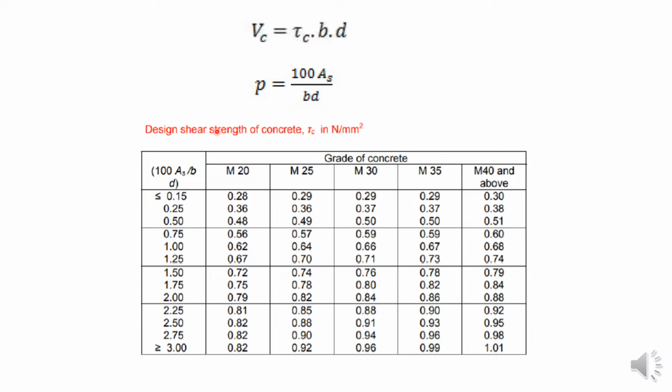For that, we first calculate the percentage of steel reinforcement, that is 100 As by b into d. Different grades of concrete are given, M20, M25, M30, M35, M40 and above. We determine the tau c value, the design shear strength, using this table, in Newton per mm square.